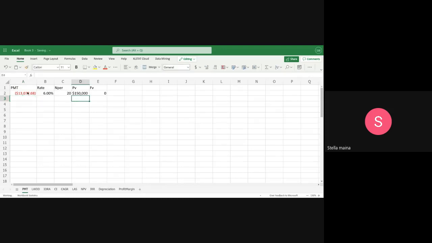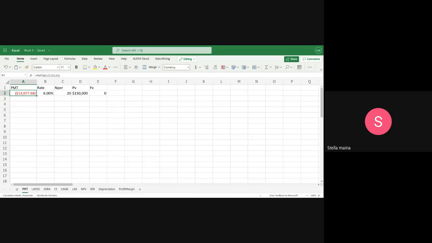It should be roughly 13,100 US dollars, though to be specific, it's that exact figure. So we should pay that amount to clear our loan in 20 years at an interest rate of 6%.